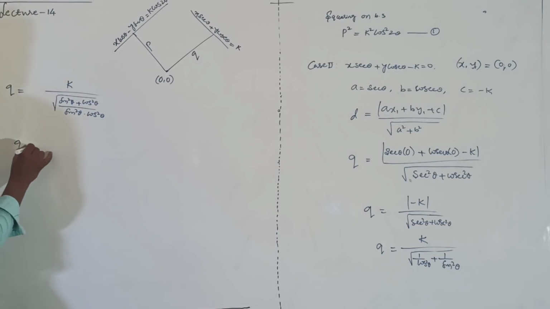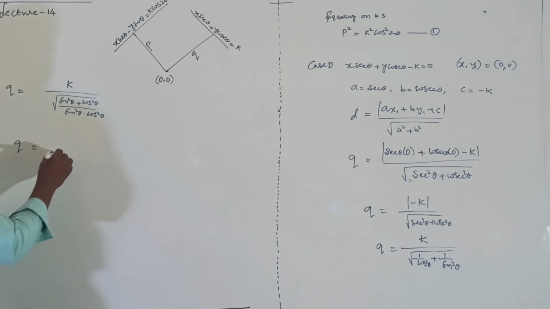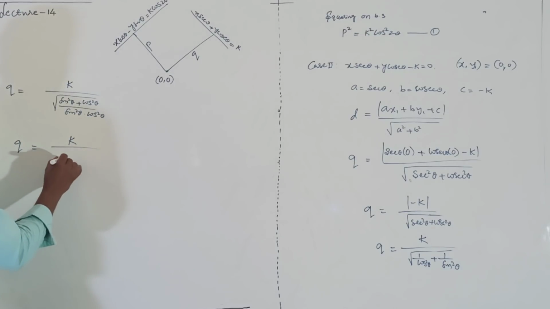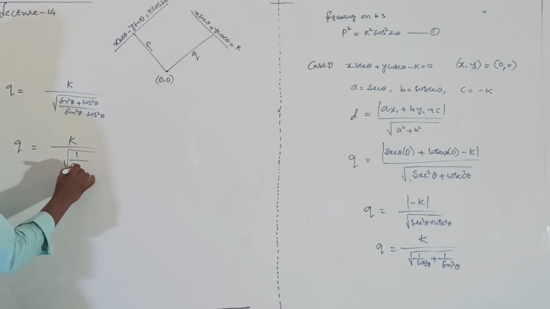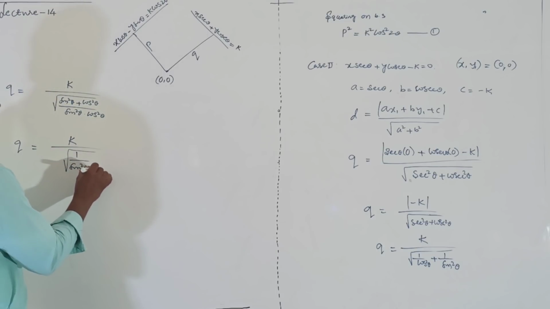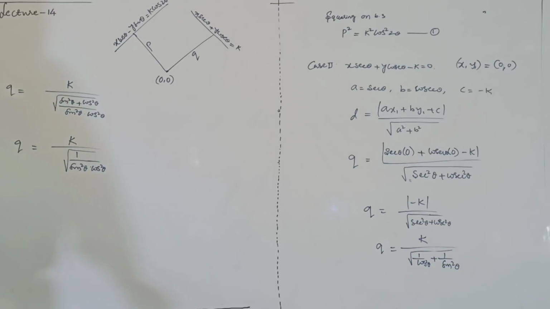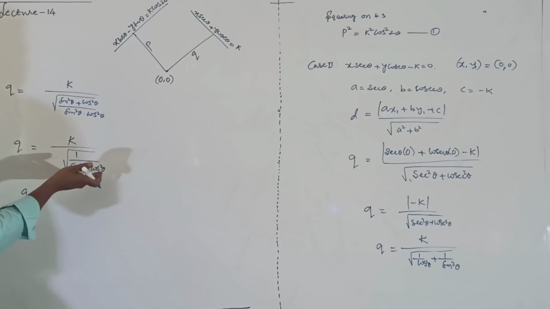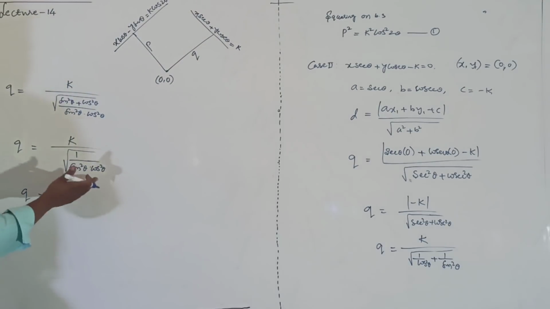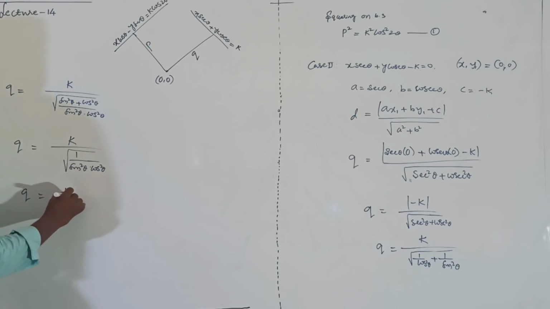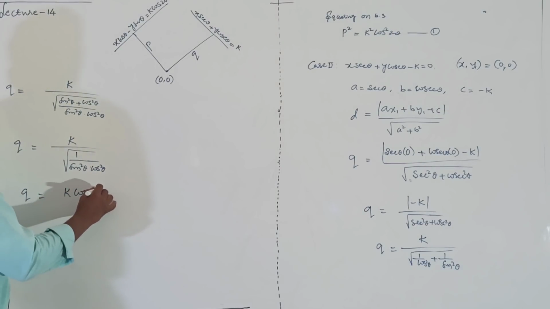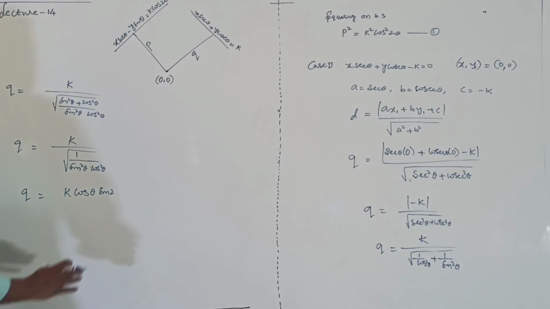Then Q is equal to K divided by square root of 1 divided by sin square theta into cos square theta. Denominator of denominator becomes in the numerator only, right? Q is equal to square root of sin square plus cos square means it is 1, divided by sin theta into cos theta. This becomes in the numerator K into cos theta into sin theta, right?